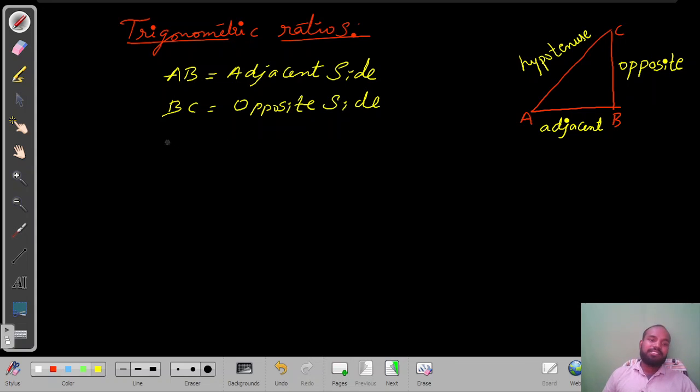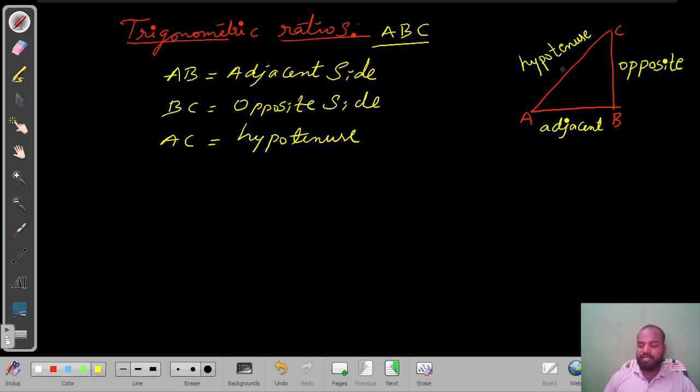Now what is AC? AC or CA, your wish. That is the hypotenuse. So in right angle triangle ABC, AB is the adjacent side, BC is the opposite side, and AC is the hypotenuse.